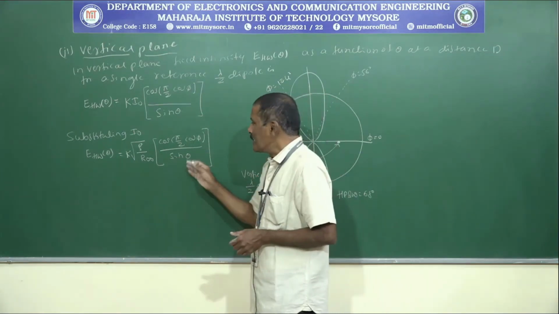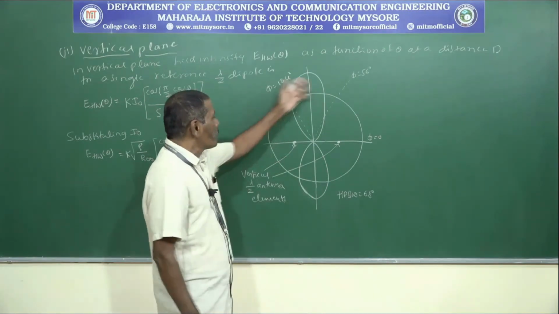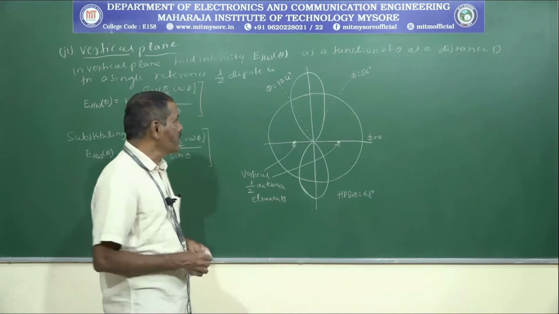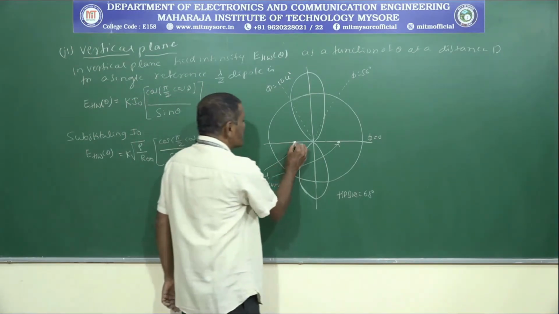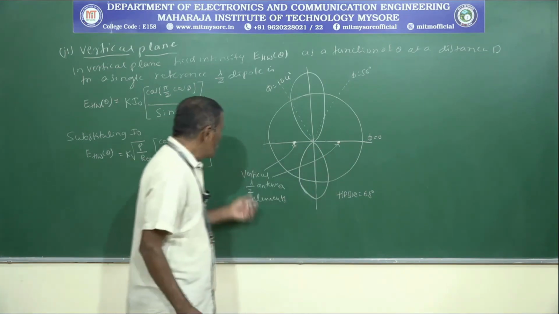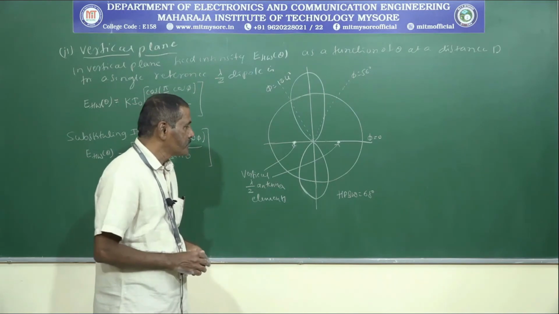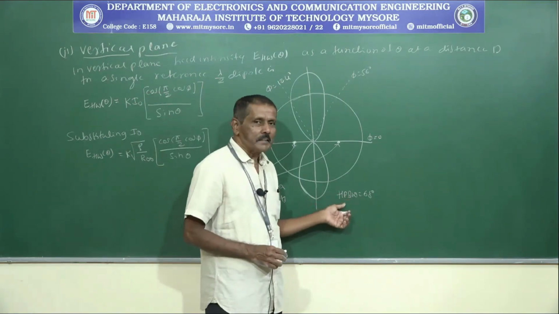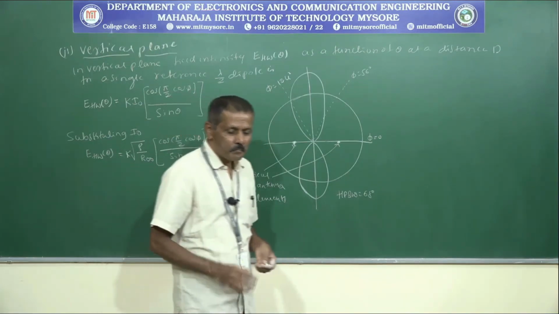If you go on substituting the values of theta and phi, we are going to get these radiation patterns. And here, these are the two vertical lambda by 2 antenna elements, and the half power beam width will be equal to 68 degrees.